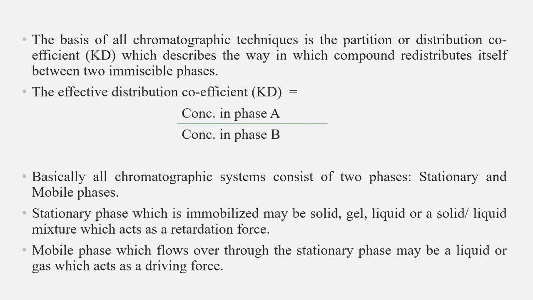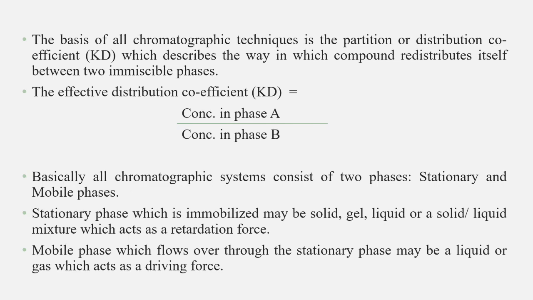The basis of all chromatographic techniques is the partition or distribution coefficient, which describes the way in which a compound redistributes itself between two immiscible phases. Immiscible means they are not mixable.